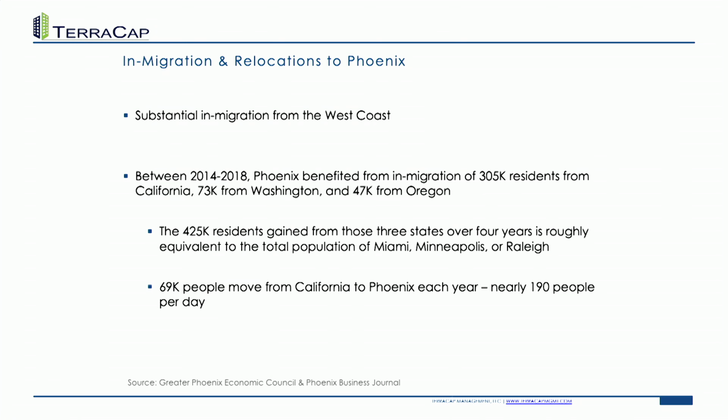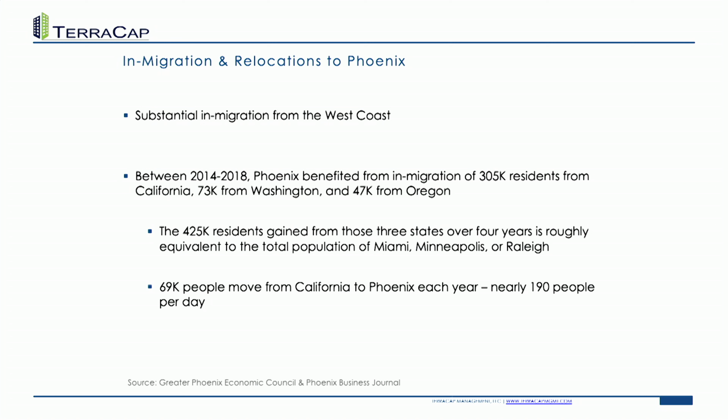So we look at Phoenix. I mentioned a lot of this earlier. I won't spend too much time on this slide, but you could see just from California, I mentioned that 305,000. It was 76 corporations, but Phoenix also received 73,000 from the state of Washington, 47,000 from Oregon. That's in a period of 4 years.